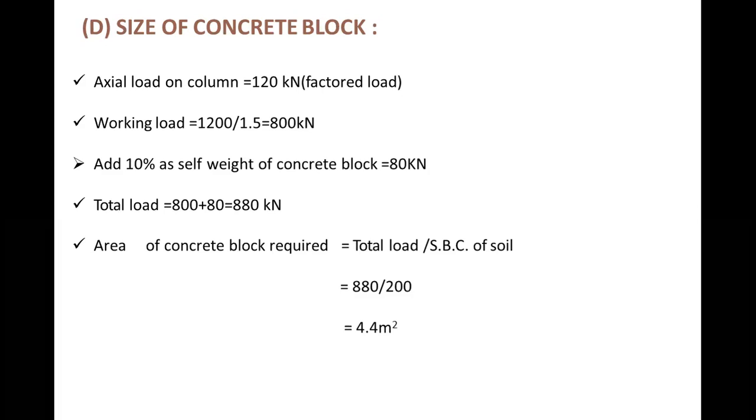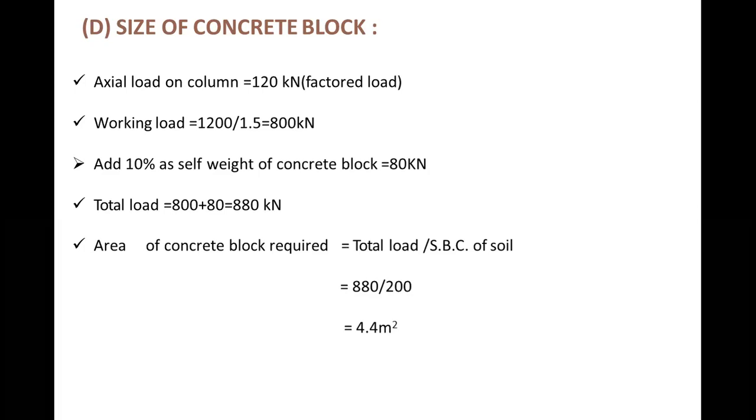So finally we get 800 kilonewton. So add 10% of self weight of concrete block, which is 80 kilonewton. So our total load is 800, which is working load, plus 80, which we assume as 10% of self weight, right? So total load is 880 kilonewton.